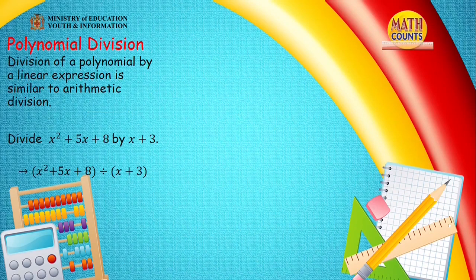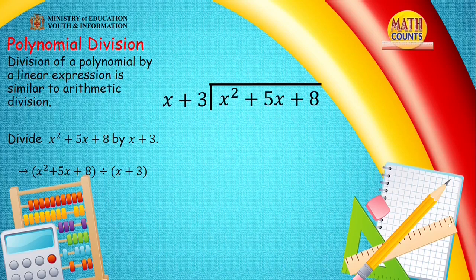So, division of a polynomial by a linear expression is similar to arithmetic division. Now, divide x squared plus 5x plus 8 by x plus 3. As you can see, they look very similar. But there are some key principles we have to make sure we take care of when dividing polynomials.